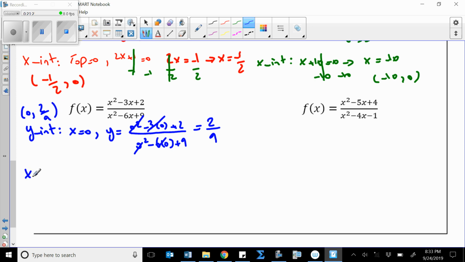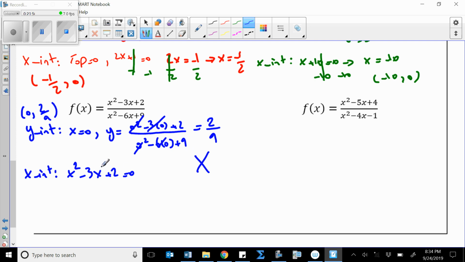What is the x-intercept? You need to set the top equal to 0. X squared minus 3x plus 2 equal to 0. Now we want to solve this for x. The best way to solve this is to factor. So if I factor this, on top I use the big X way to factor the polynomial.